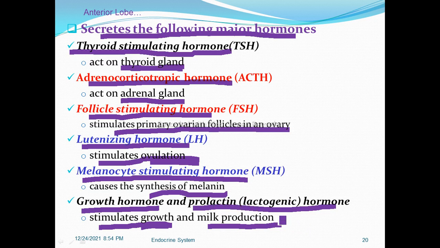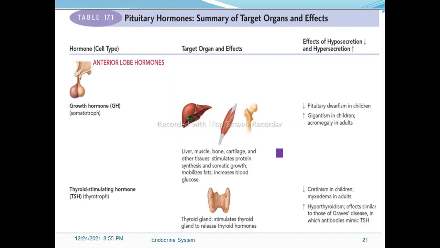So these are hormones produced by the anterior pituitary gland. These hormones are also responsible for other organs secreting their hormones. Anterior lobe hormones: growth hormone, somatotroph. The target organs and effects are liver, muscle, bones, cartilage.